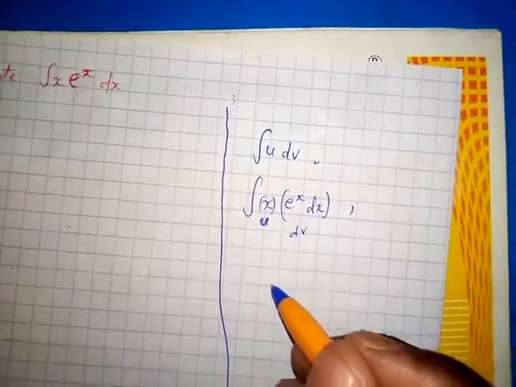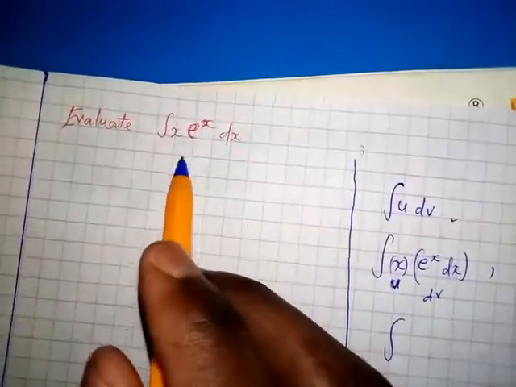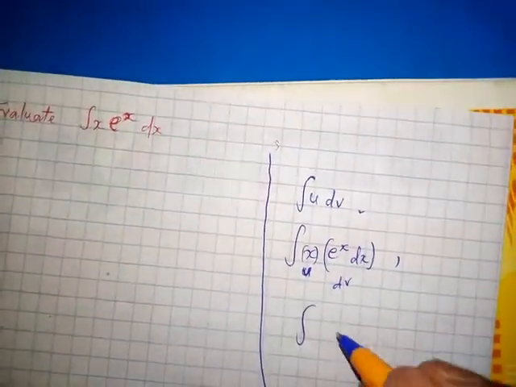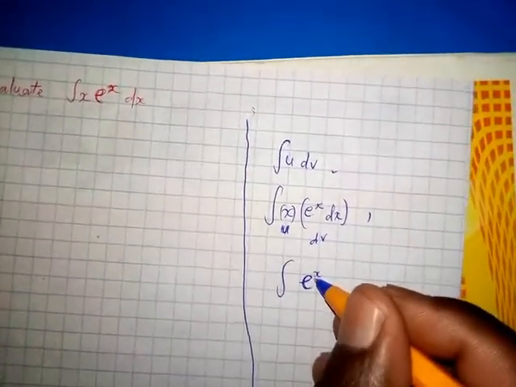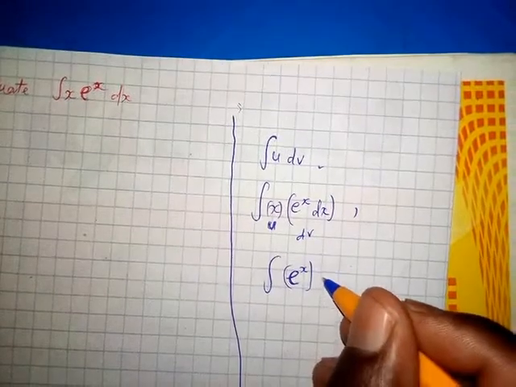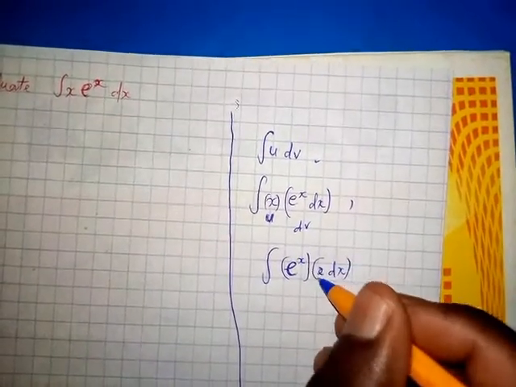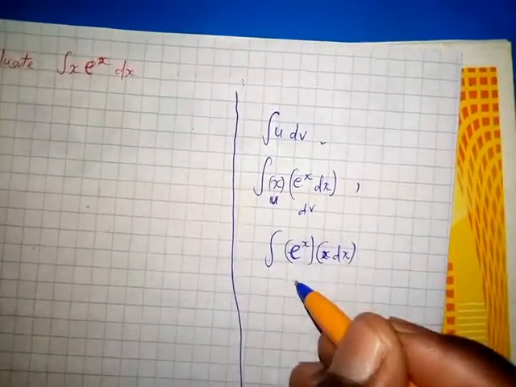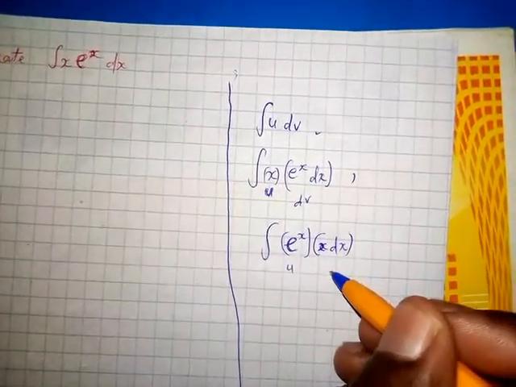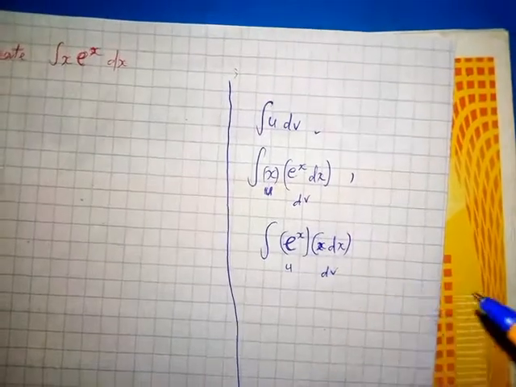Or we can write it as the integration of e^x x dx. Then we can say that e^x to be our u, then x dx to be our dv.